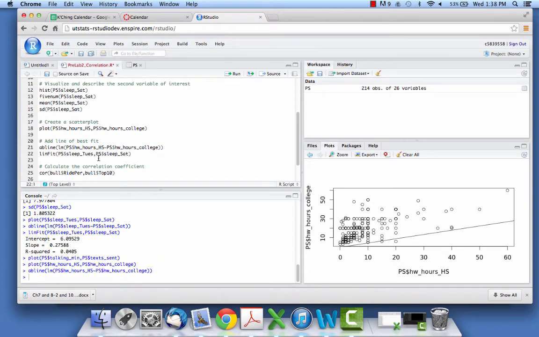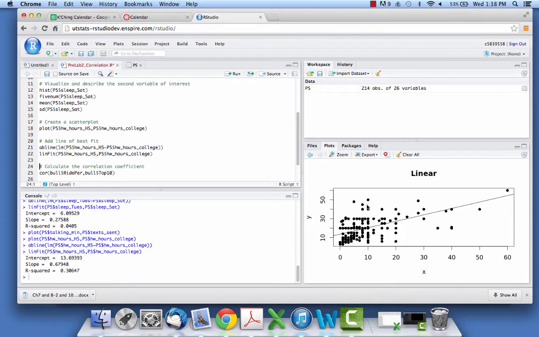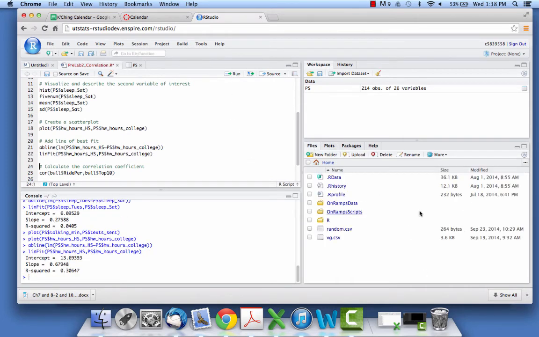That's not a super good line. That's a good line.